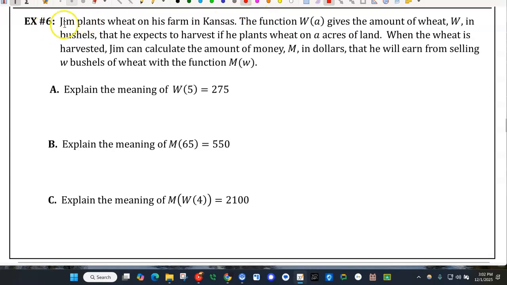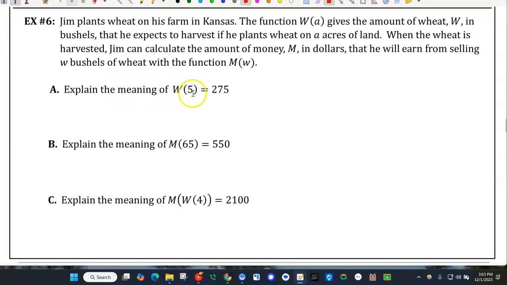So Jim plants wheat on his farm in Kansas. The function w of a, the whole function gives the amount of wheat in bushels. So our 275 here is 275 bushels that he expects to harvest if he plants the wheat on a acres, an amount of land. Right?